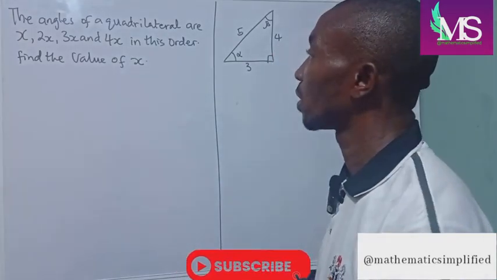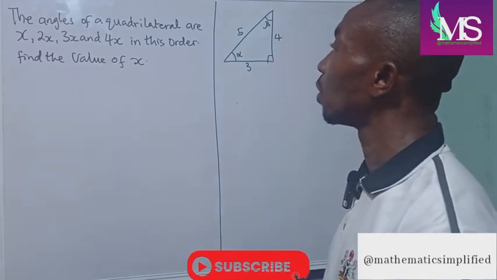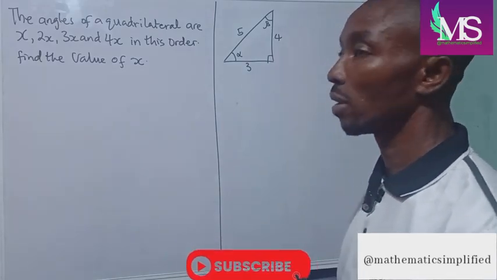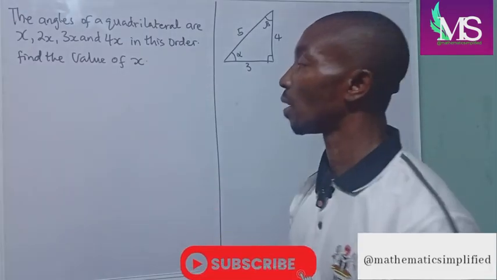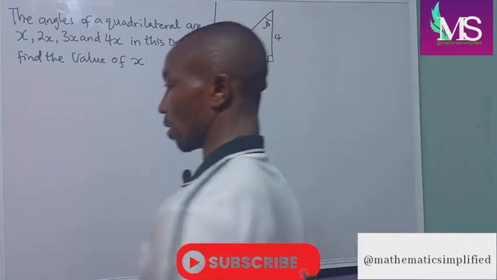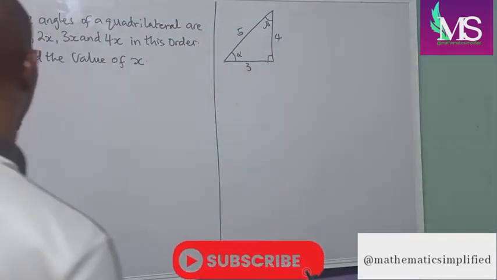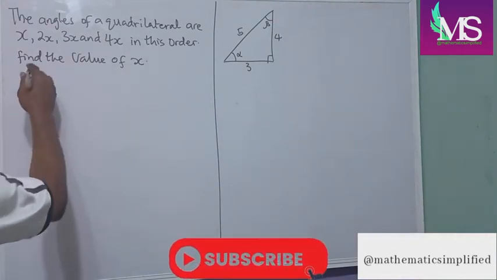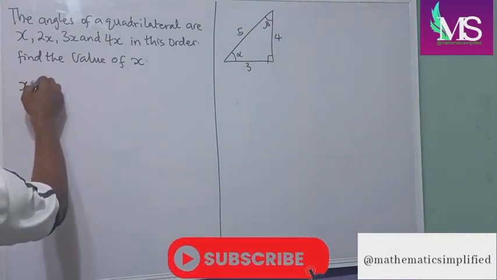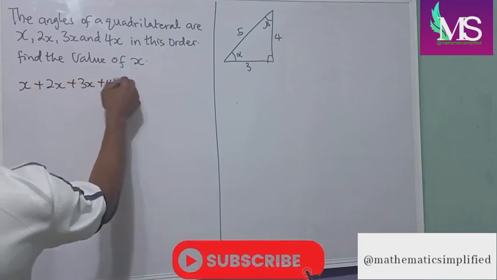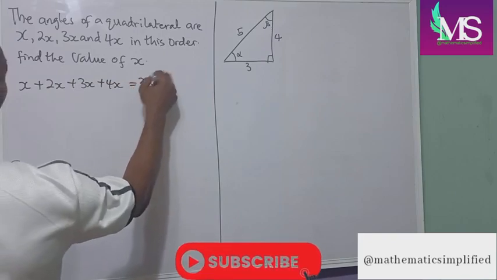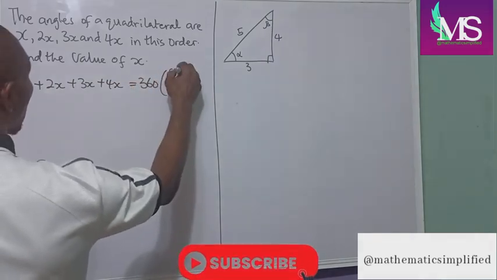Our next question says the angles of a quadrilateral are x, 2x, 3x, and 4x in this order. Find the value of x. Now, for us to find the value of x, this will become x plus 2x plus 3x plus 4x equals 360. What's the reason?